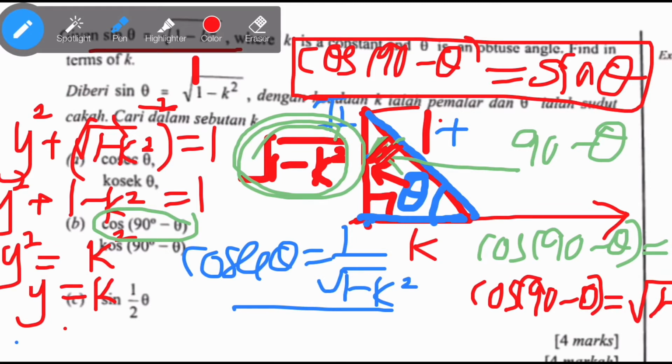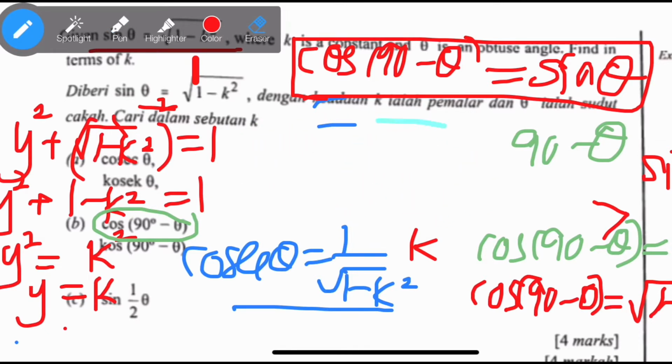Sine is positive in the first and second, cos in the first and fourth, and tangent in the first and third. So each trigo function has 2 quadrants where it is positive, and 2 where it is negative.